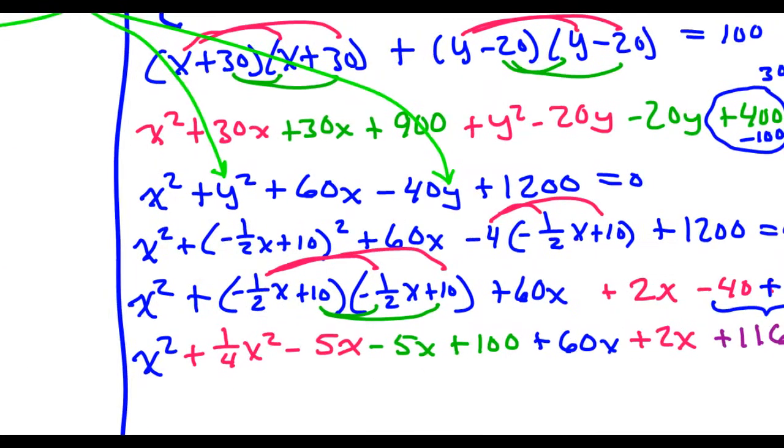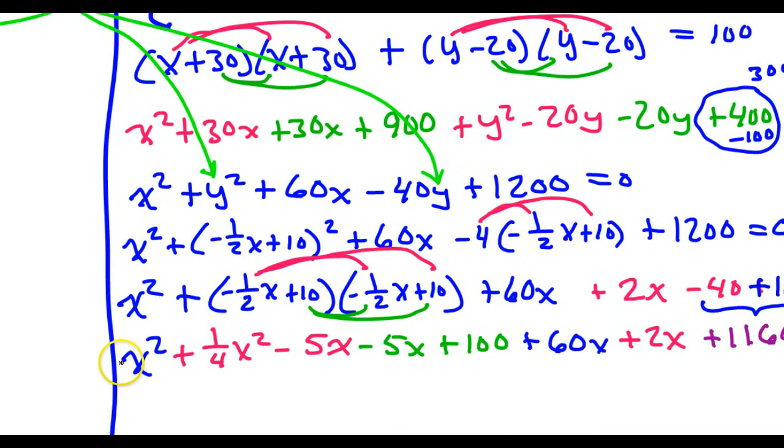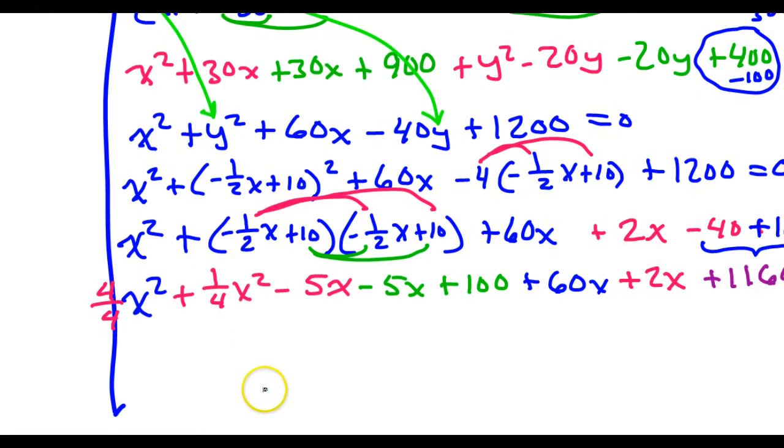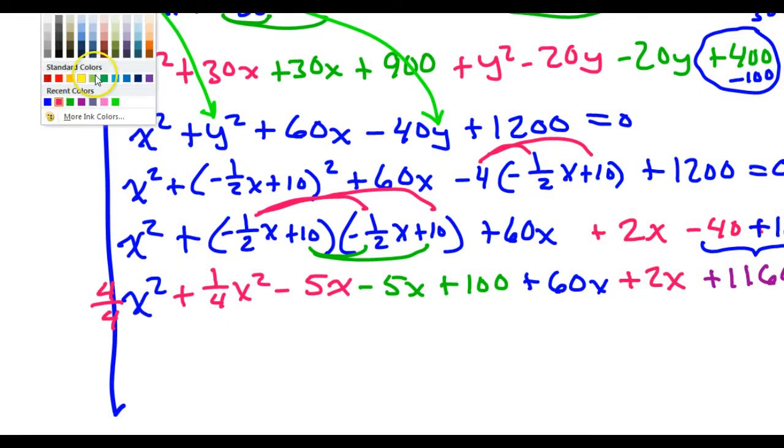Alright, let's combine some more things though. So see this x squared? Remember, x squared is like 1x squared. And you can turn a 1 into anything you want. 2 over 2, 3 over 3, even 4 over 4. So this 1x squared is the same thing as 4 over 4 x squared. But 4 over 4 x squared plus 1/4 x squared is 5 over 4 x squared.